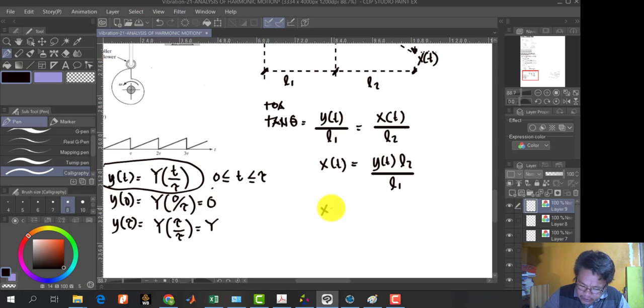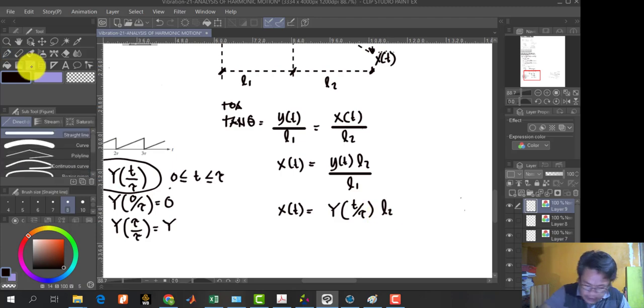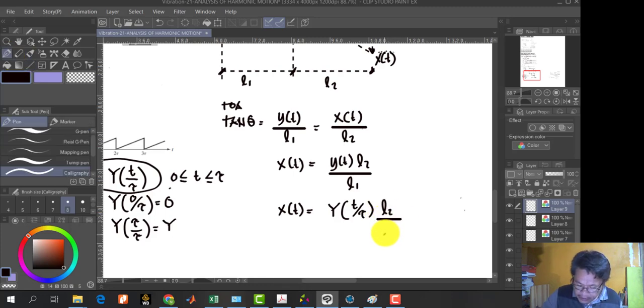So I can say x function of time will be y times time over my period, then times my L sub 2, all over my L sub 1. So I can substitute its values.